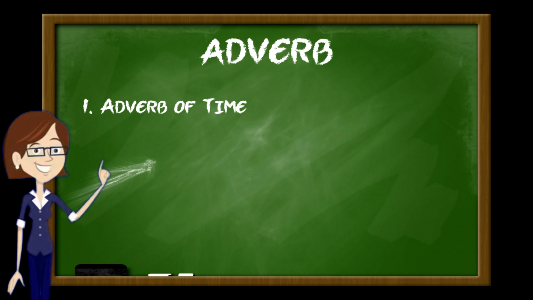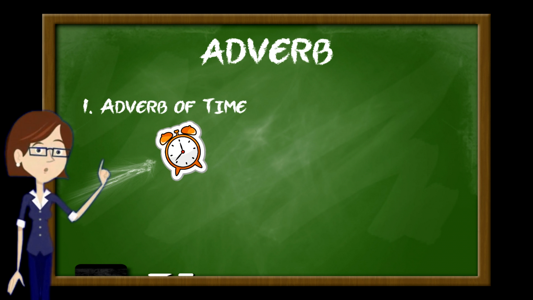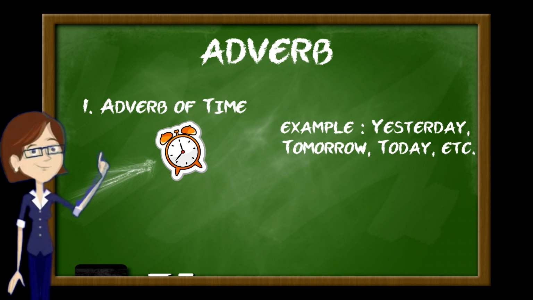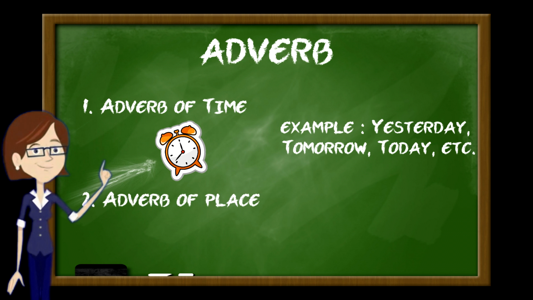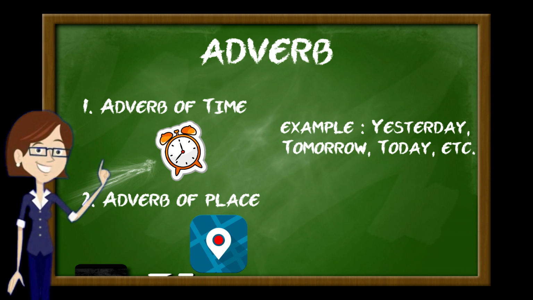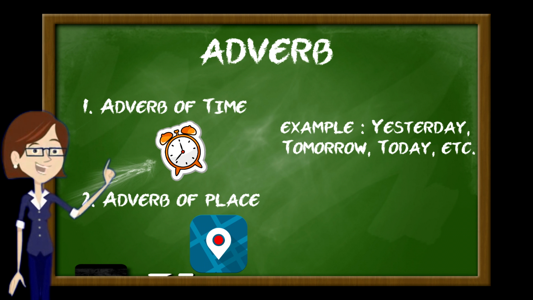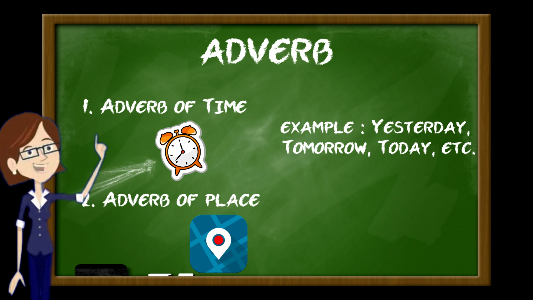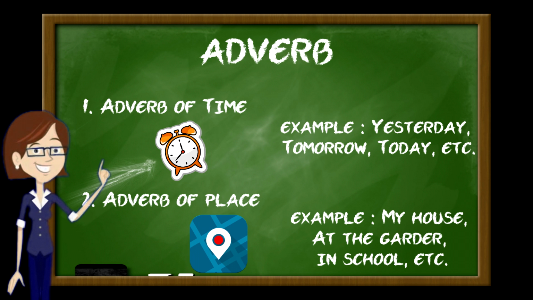The adverb of time indicates time or frequency of the action in the sentence, for example yesterday, tomorrow, today, and others. The adverb of place indicates place or direction of the action in the sentence. They answer the question where is the action performed, for example my house, at the garden, in the school, and so on.